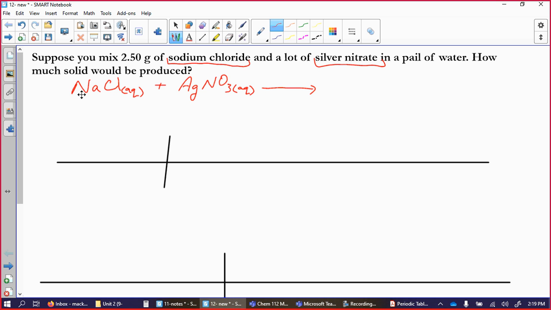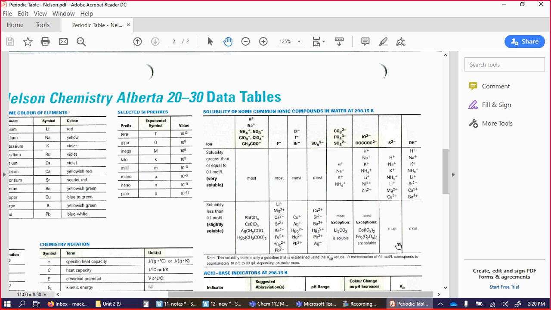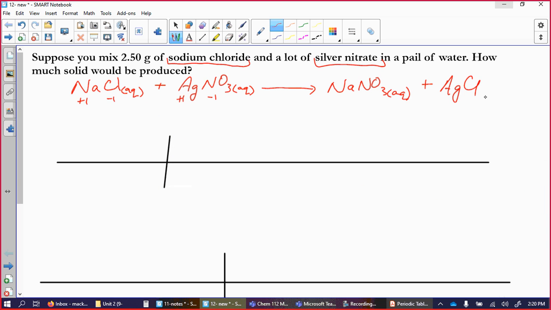This is a double replacement reaction. +1, -1, +1, -1. So the sodium goes with the nitrate, and all of those are soluble, plus silver with chloride. I can go back to my periodic table and see that silver chloride is a solid.